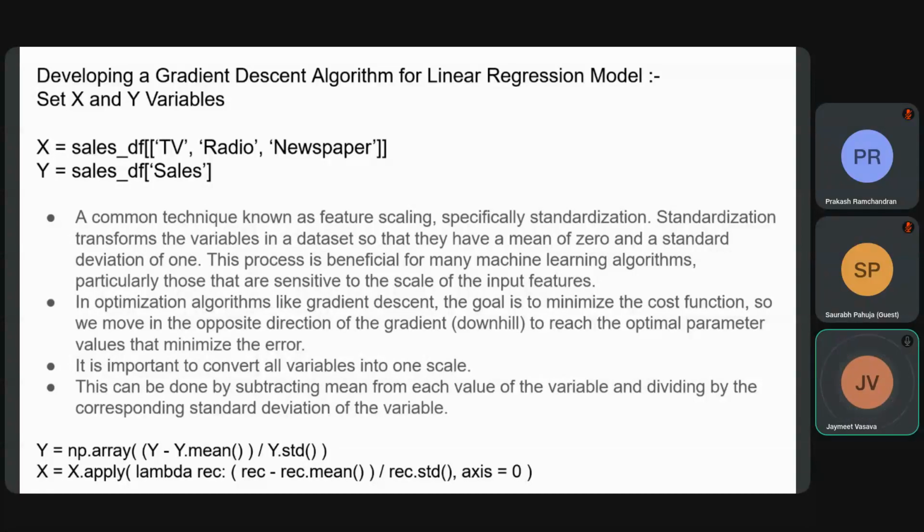We'll do the same for the x values as well, with the help of a lambda function using the records, and we'll do it column wise, and that is the reason that x's axis value is equal to 0.